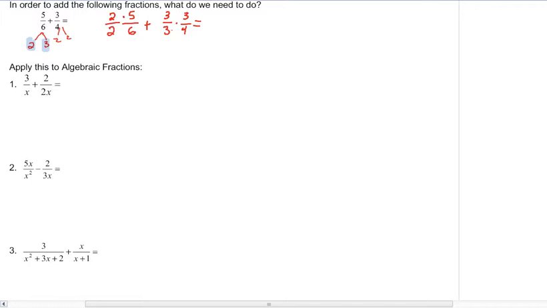So you think about what's missing from each denominator, and multiply. When you have this far, on top you're going to have 2 times 5, which is 10, over the bottom, 2 times 6, which is 12, and then that's plus 3 times 3, which is 9 over 12.